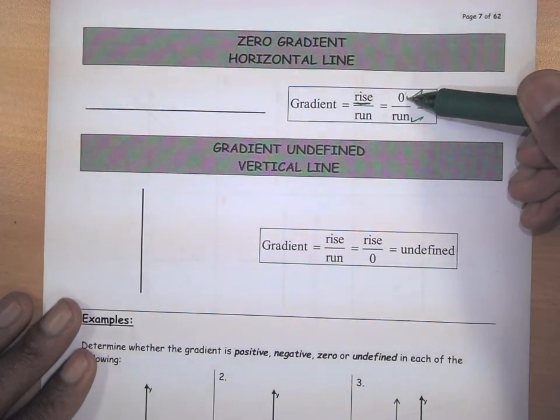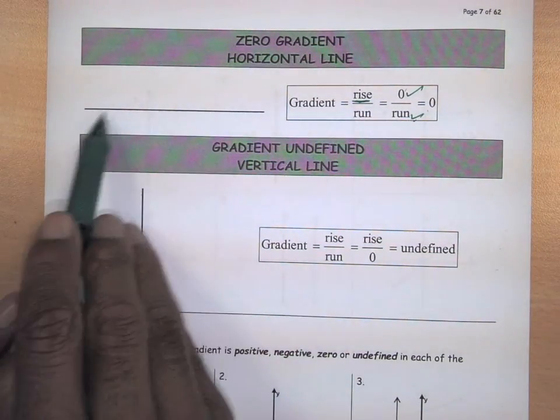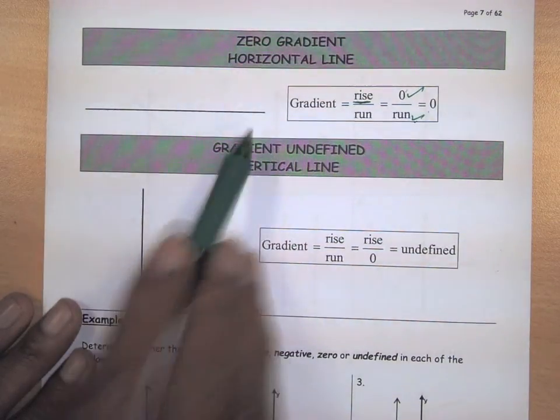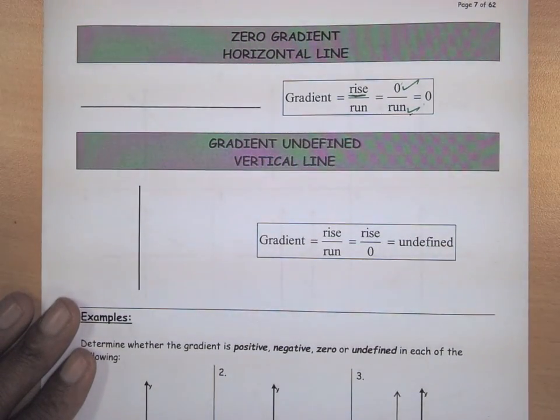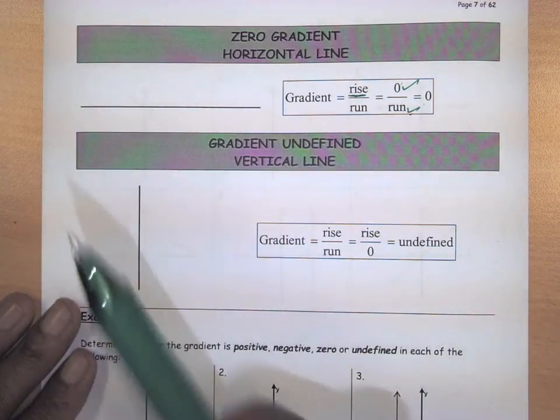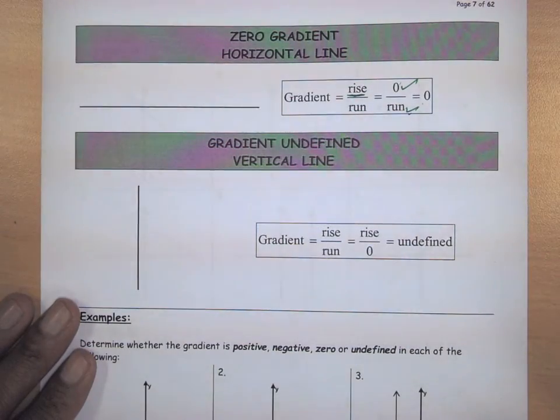So 0 over a run, we get 0. So this line, a flat line, it has what? A gradient of 0. Okay, think about this, a flat surface. The incline is 0. So the gradient is 0.